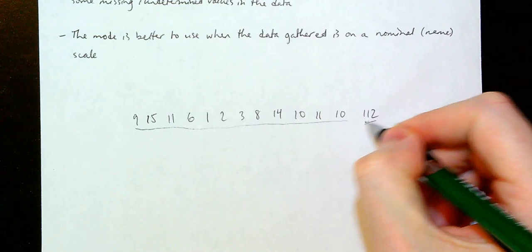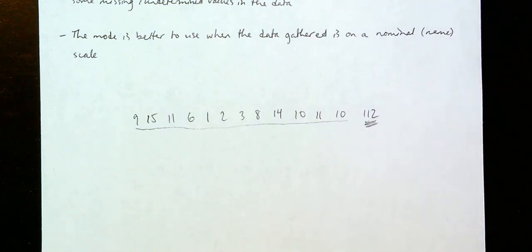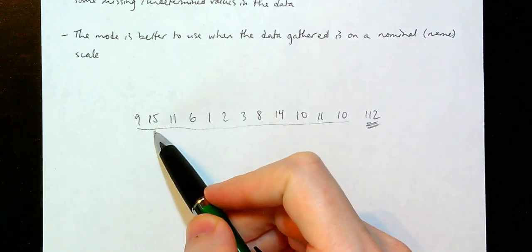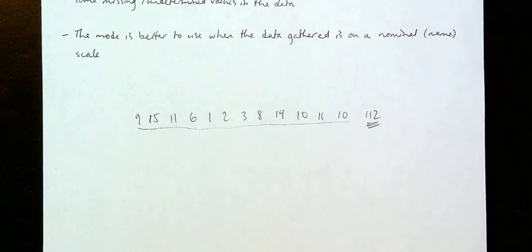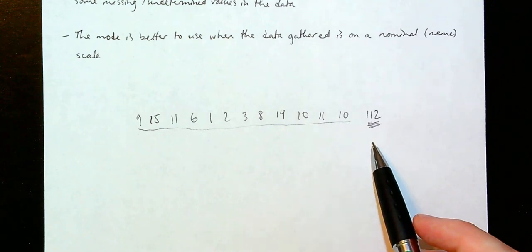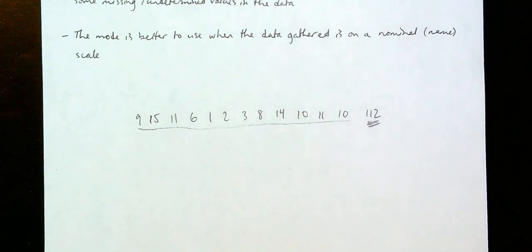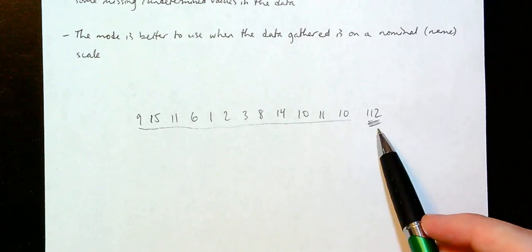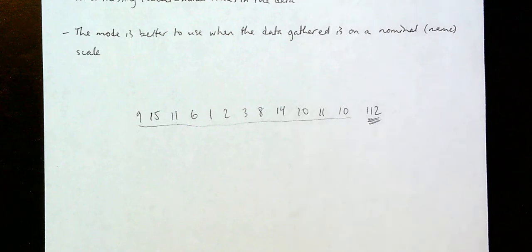But then you have this value of 112, which is way, way, way larger than the largest value in your other group here, which is 15. This is significantly larger than everything else. And if we try to calculate the mean for these values, including this value of 112 would drag the mean way up compared to what the true average might actually be for the context that we are in.